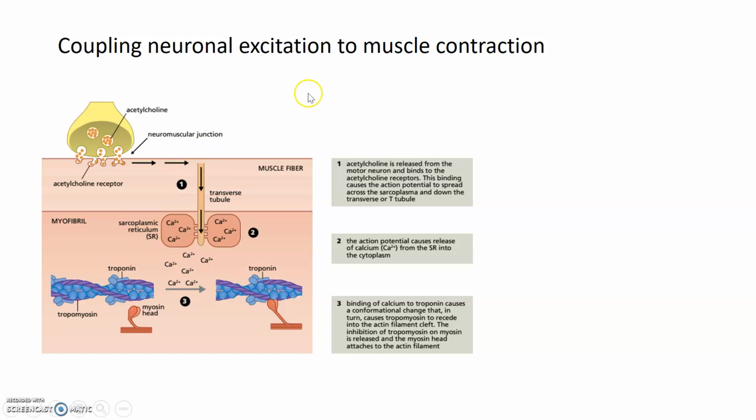And so that chemical signal happens in the form of release of a neurotransmitter or a small molecule called acetylcholine. So an electrical signal coming from this motor neuron triggers the release of the neurotransmitter acetylcholine from the motor neuron, and that acetylcholine then binds to receptors on the muscle fibers or the muscle cells.